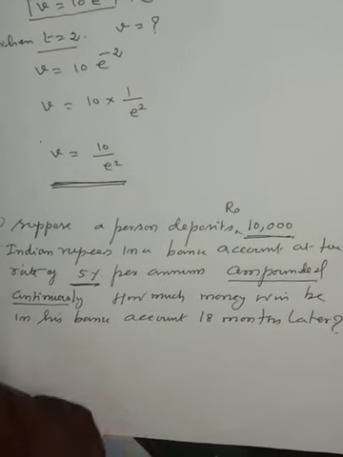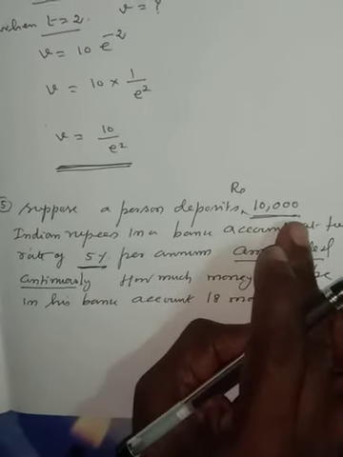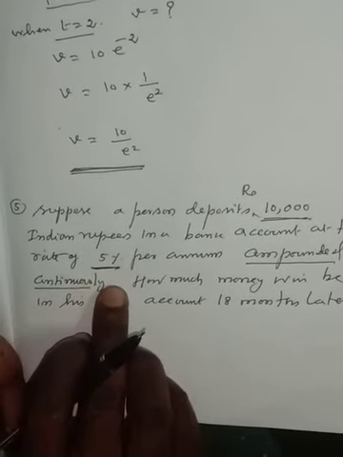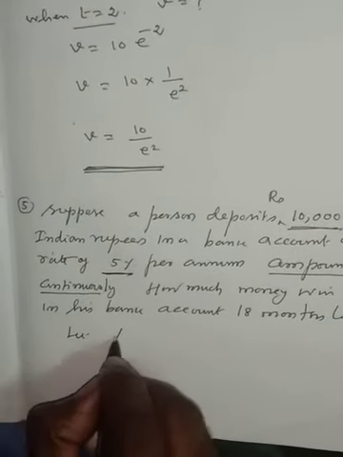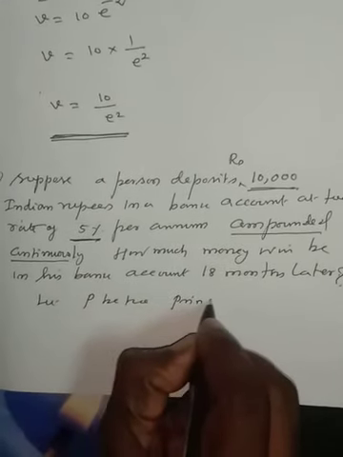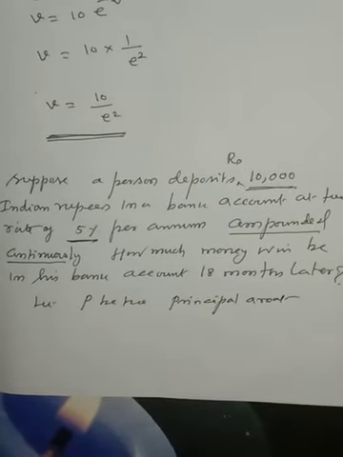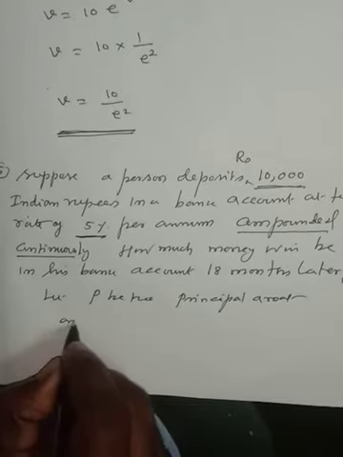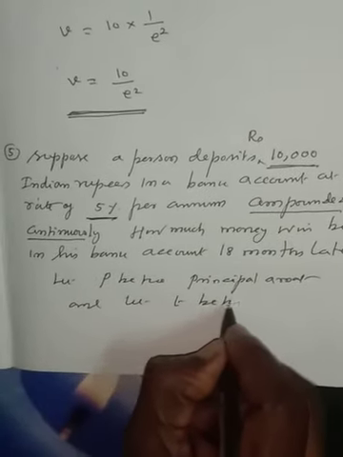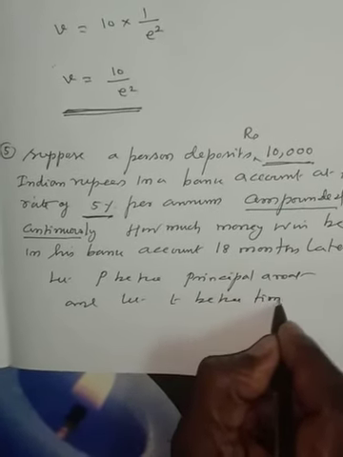Now by the given letter, the amount is 10,000, the rate of interest is R, and time is T. Let P be the principal amount and let T be the time taken, the number of years.